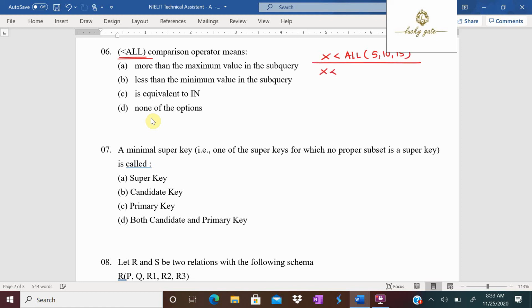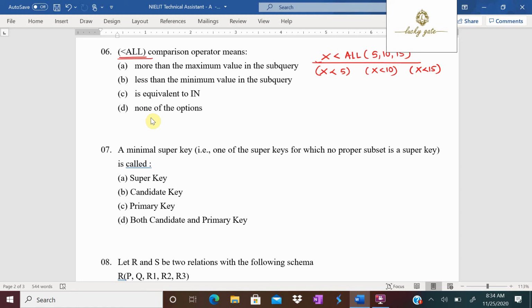This is the same as x less than 5, x less than 10, x less than 15. It means it is to be compared with all the values, and the total expression returns true if this condition is satisfied for all the values.